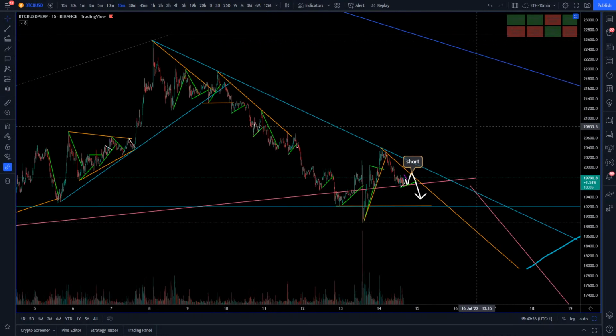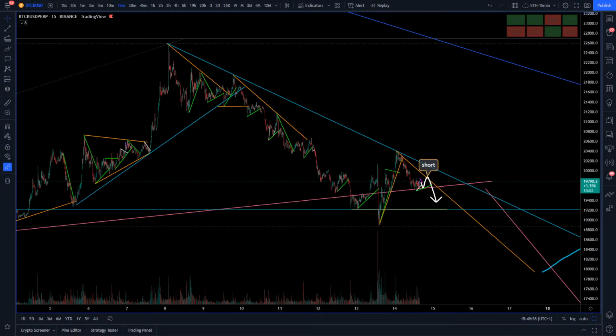Okay. You have to understand the market structure, the shape of the wave structure, to make sure that you understand whether it's a 3D breakout or a daily breakout. Okay.